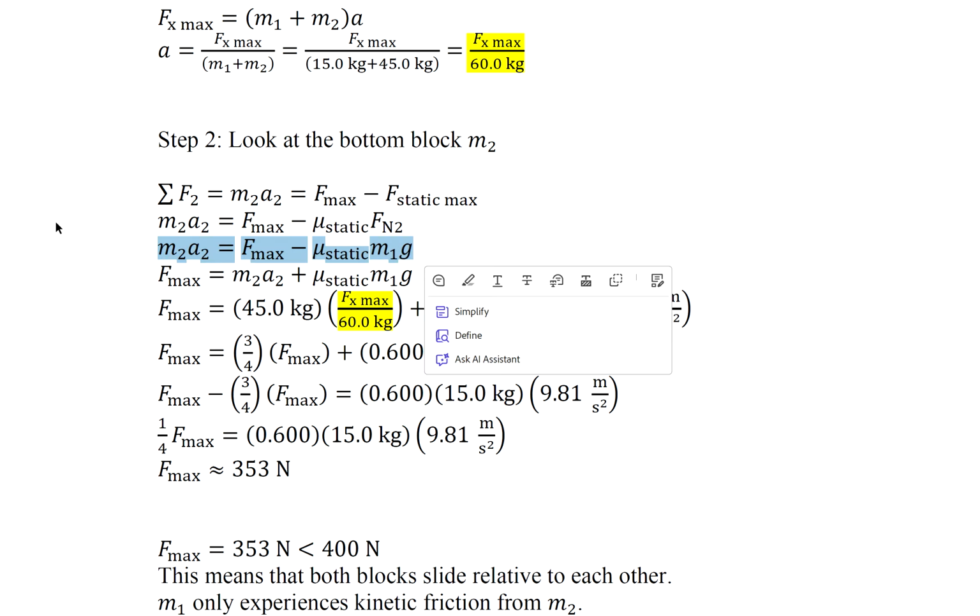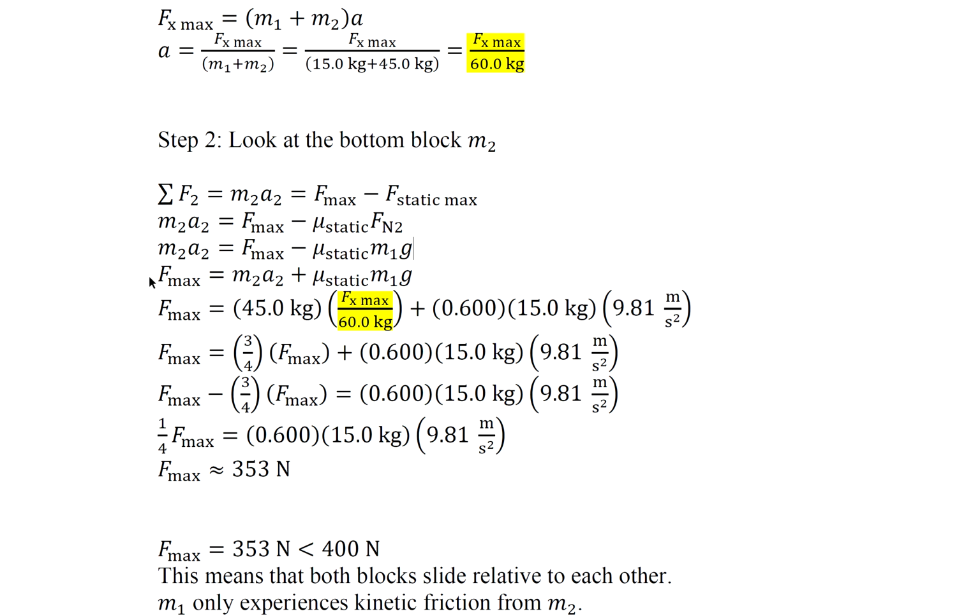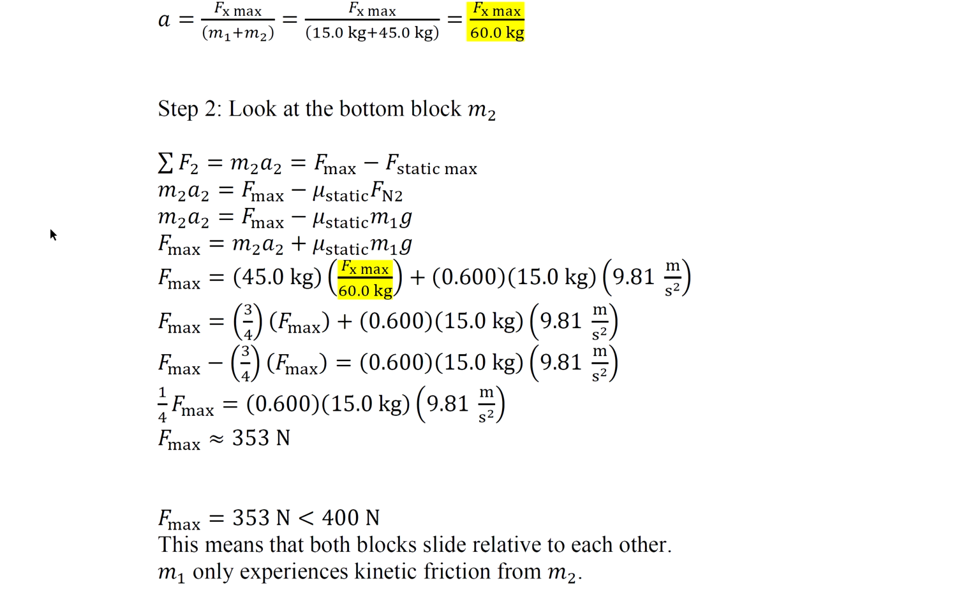Here, force normal equals M1g. Here, we're going to solve for F max. We already know what A2 is. A2 is this, and that's highlighted. So we're going to put it here. It's a substitution. Now we're going to solve for F max.